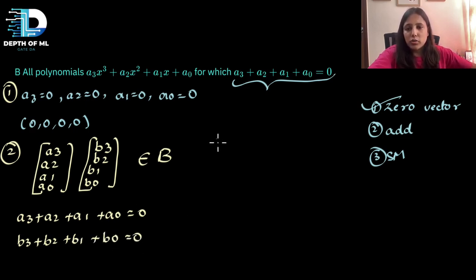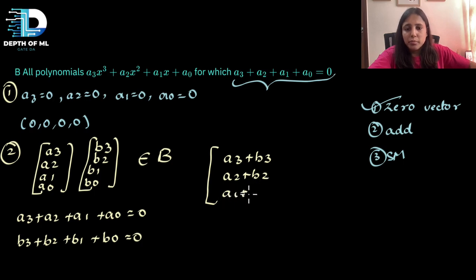These conditions are known. Now we have to check whether A3 plus B3, A2 plus B2, A1 plus B1, A0 plus B0 belongs to B or not.